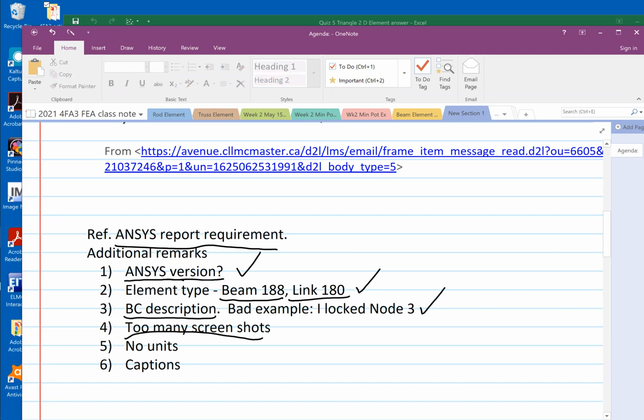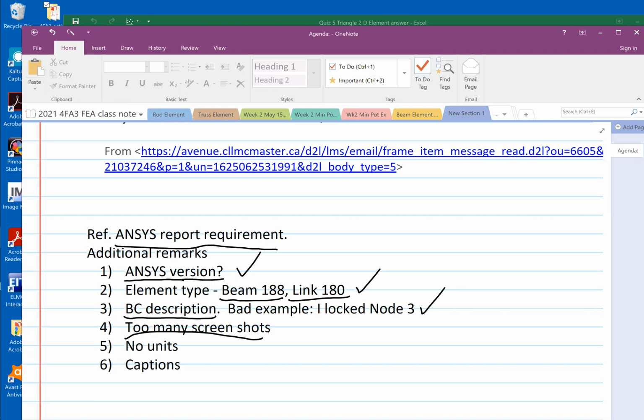Okay, another issue. A few reports have like 10, 15 pages of screenshots of the figures, screenshots of your nodes' displacement. Yeah, I have displacement of all nodes, you know. Well, it's not necessary, because if you have too many pages of things like that, I miss out all the crucial things you want to tell me.